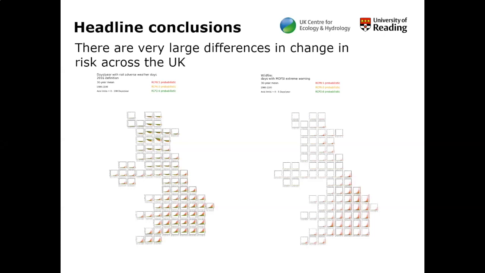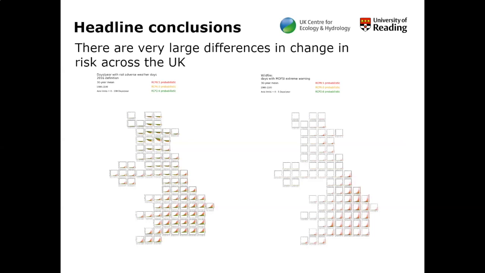That's because the relative importance of different components of this indicator vary differently in different parts of the UK. In the southeast, the heat part is more important. In the north, the snow part is more important. And the relative importance of those 2 changes over time.